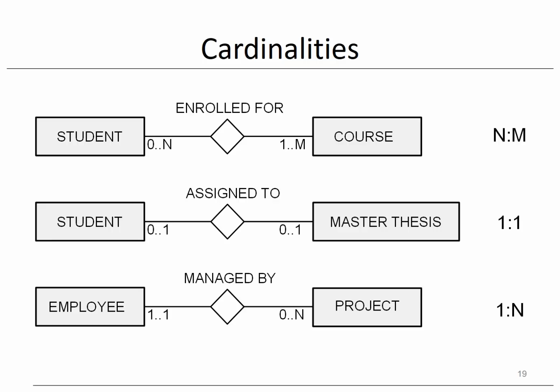An employee can manage minimum 0 and maximum n projects. A project is managed by minimum 1 and maximum 1, or in other words, exactly 1 employee. This is an example of a one-to-n relationship type, also called one-to-many relationship type.